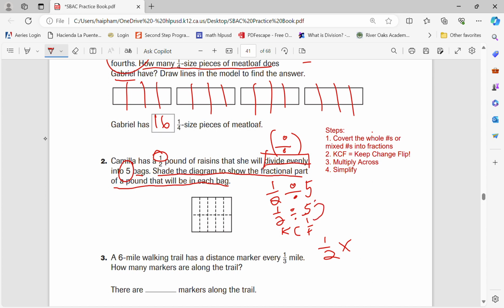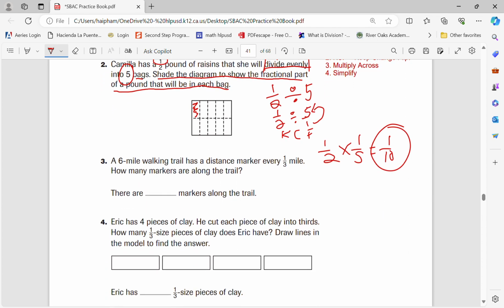We are going to flip the second fraction, which will be 1/5, which would result in 1/10 if you multiply across. Now the model already has the rectangle divided into 10 parts, so we will shade in 1/10 of that part. Moving on to number 3.